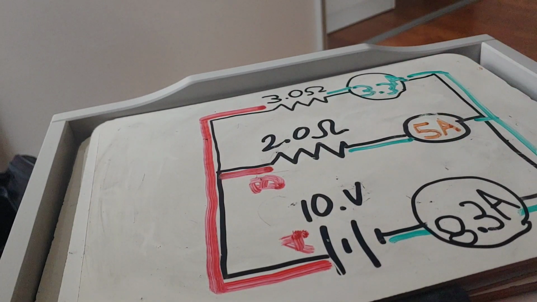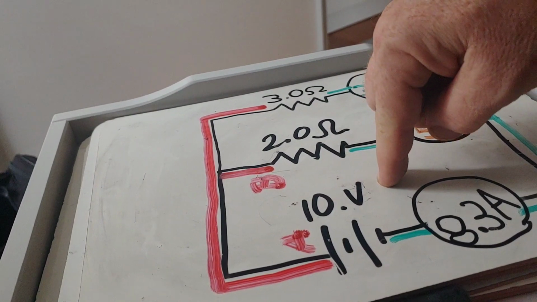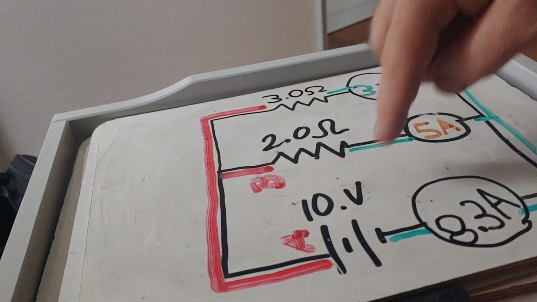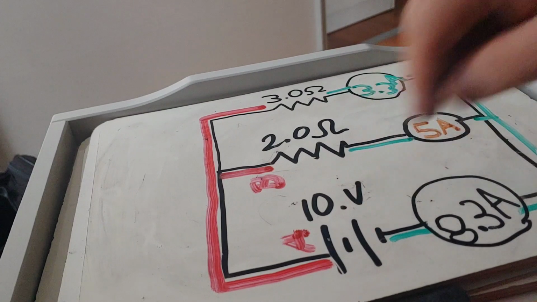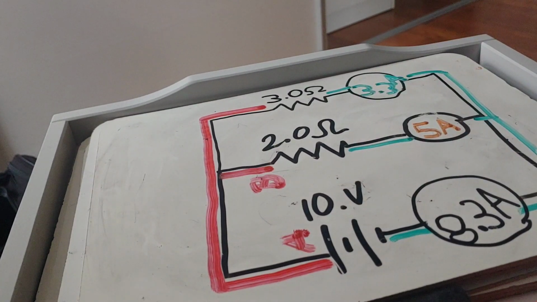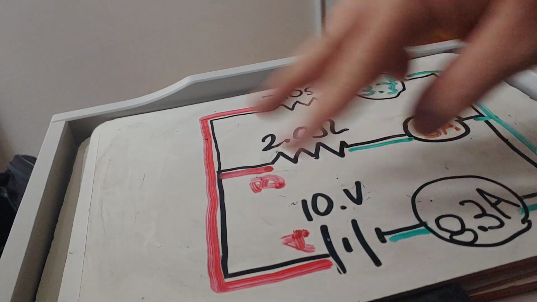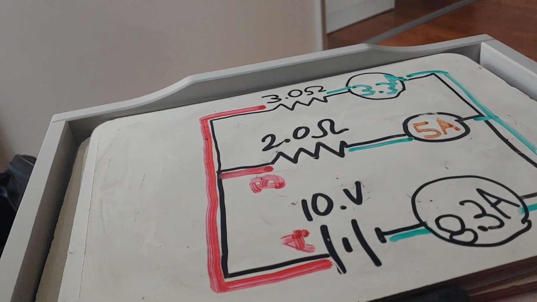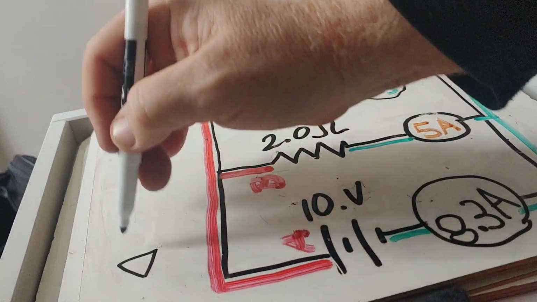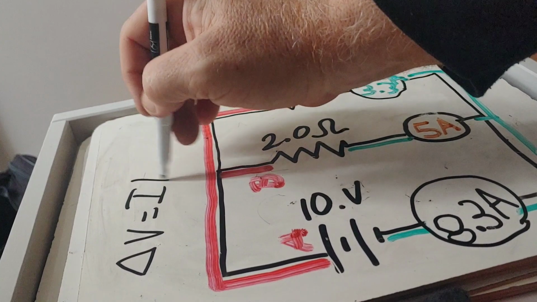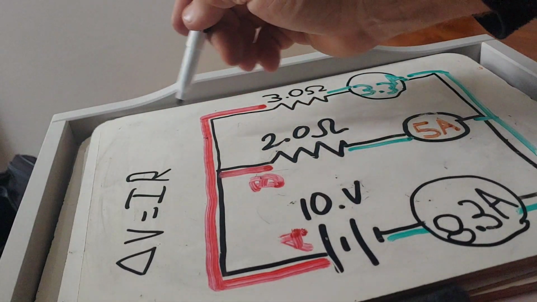So now ask ourselves, how much resistance is really resisting the flow around this circuit from the 10 volt battery? And to answer that question, we just use delta V equals IR. So how much resistance?